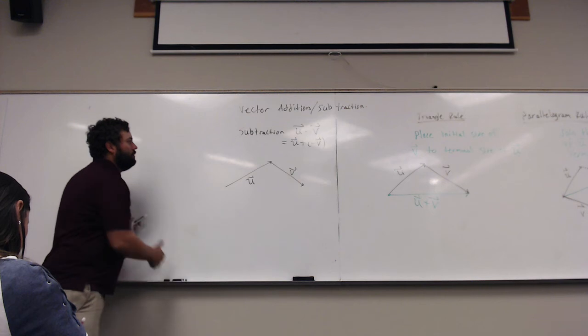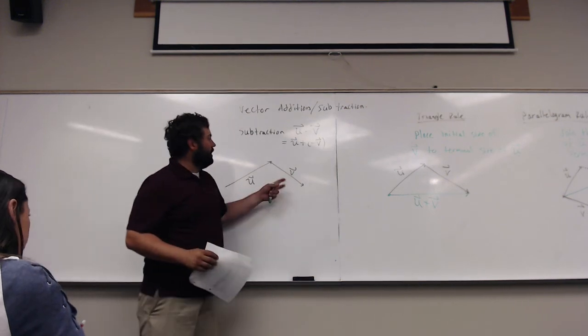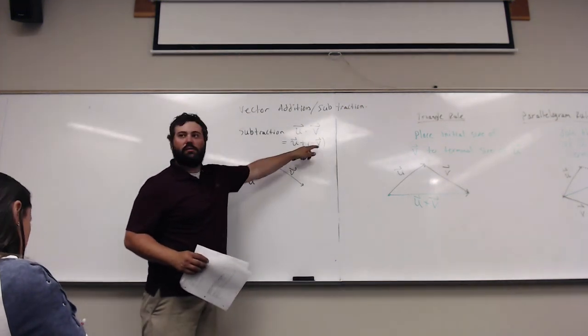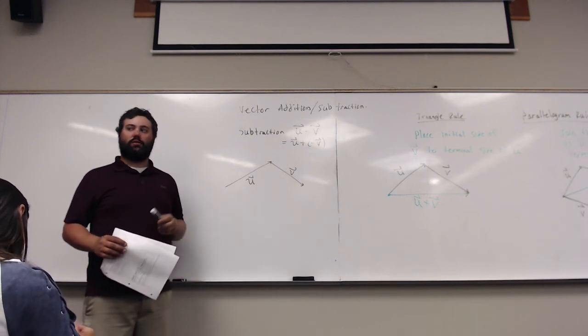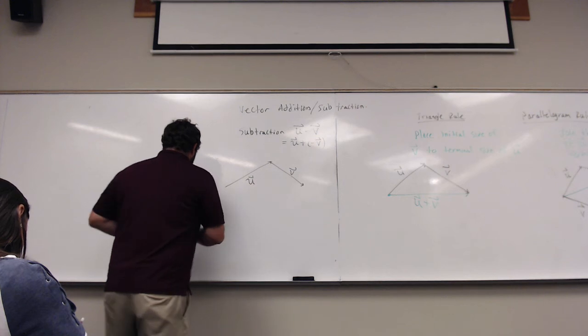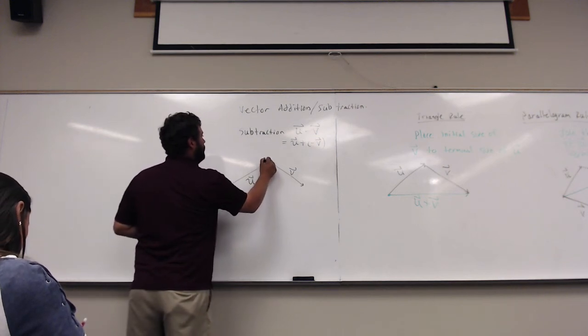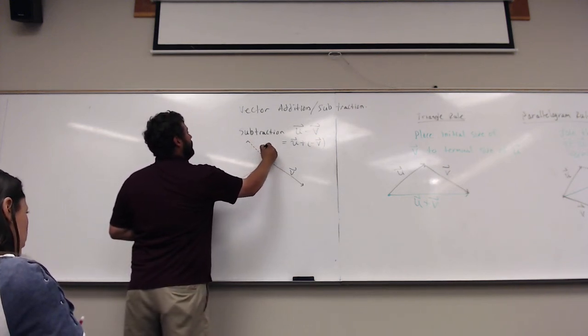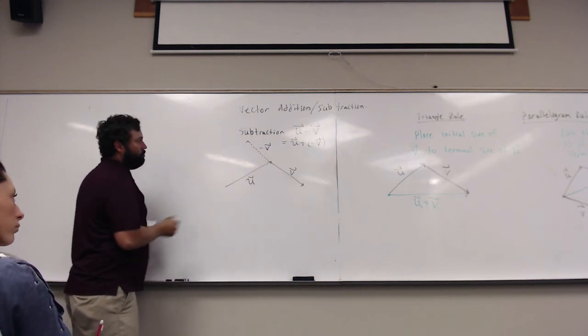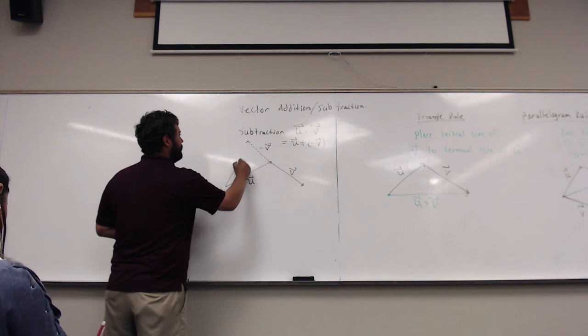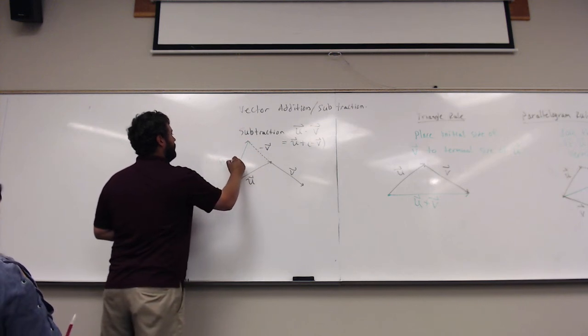Okay, now pictorially, if v is right here, minus v is just going to be the same vector in the opposite direction. So there's minus v. And if I'm doing u plus minus v, and I'm using the triangle rule, I'll just draw it right here.